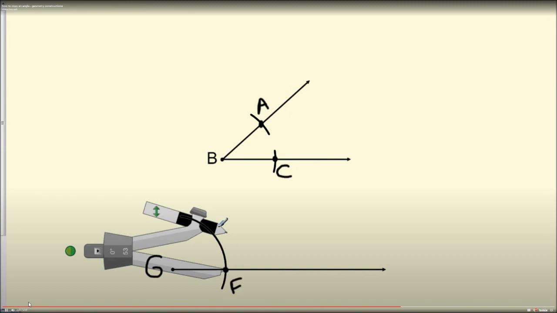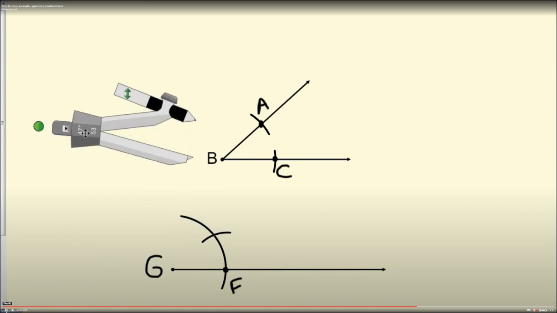So that arc intersects the original arc we drew down here. So we have a new intersection point now. Draw that arc so that you have that intersection point.